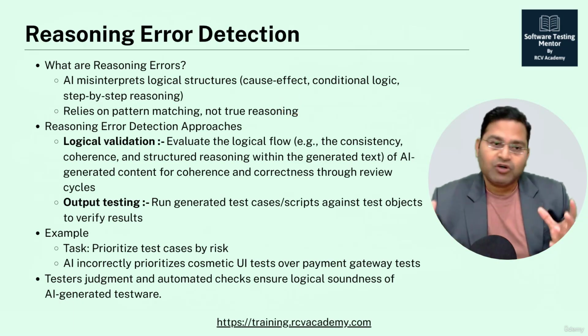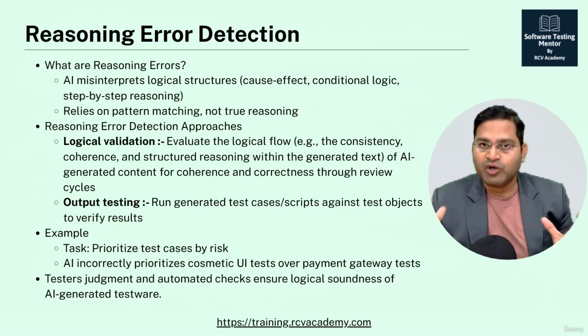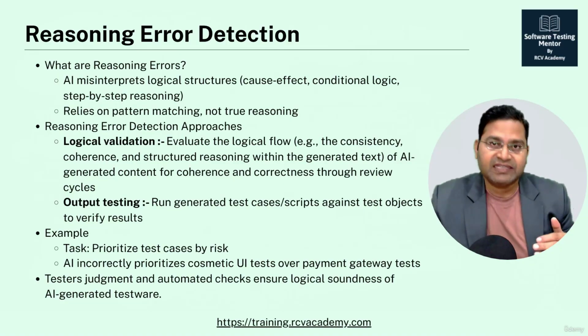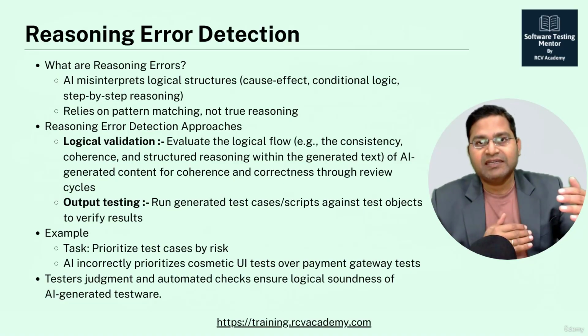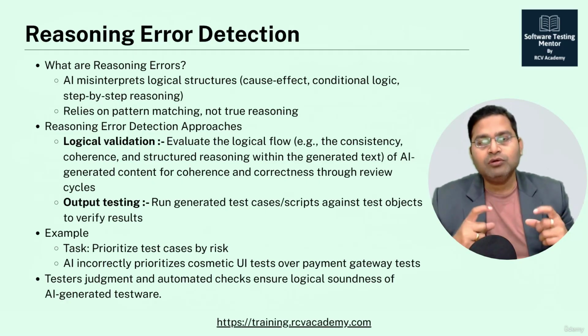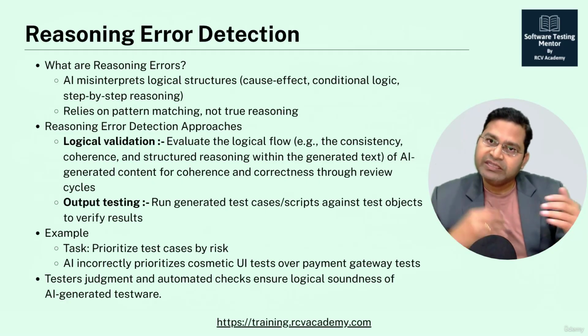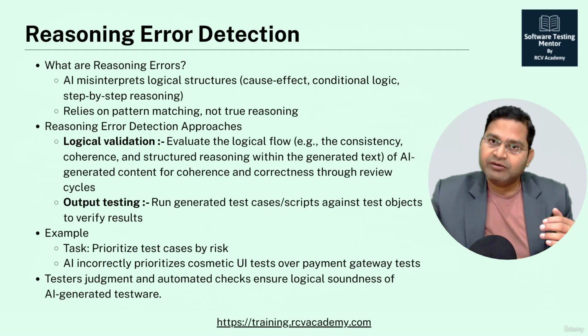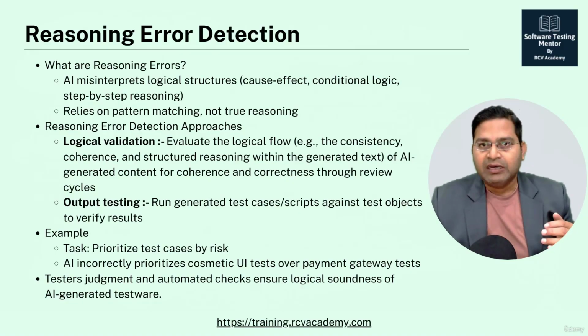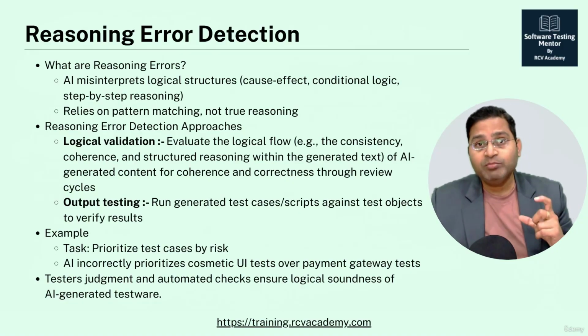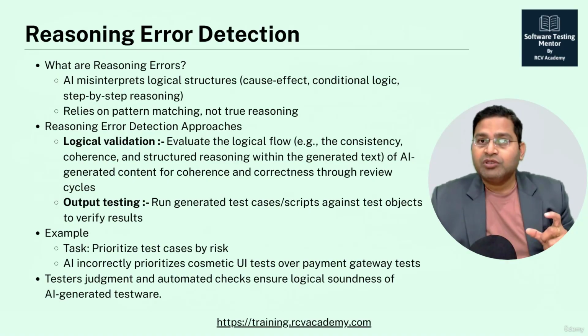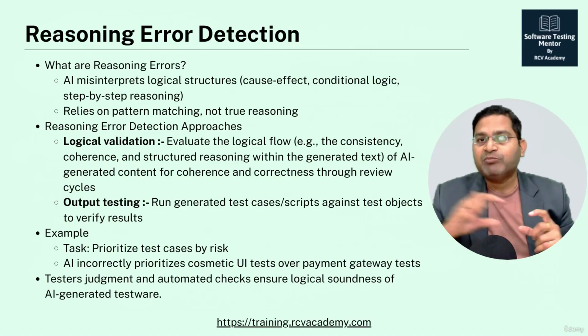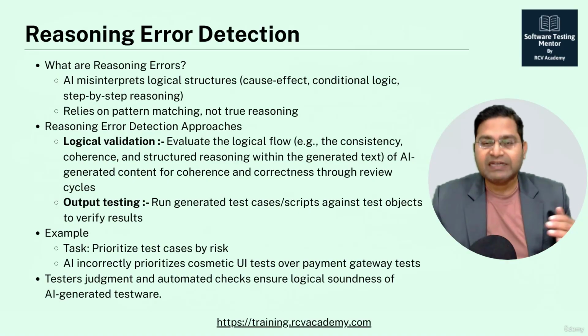For example, if I prompt that this is the task, prioritize test cases by risk, and provide the test cases in a list, and also the user stories in a list, and the user story has the risk rating or priority associated with it. Now the AI should be able to see which test case is mapped to which user story, and from that list prioritize those test cases.